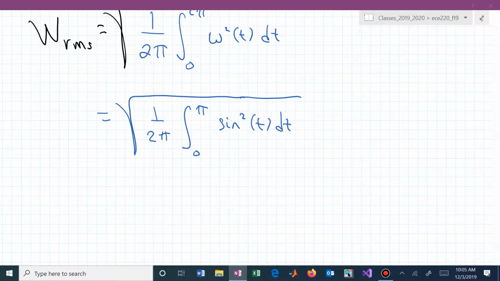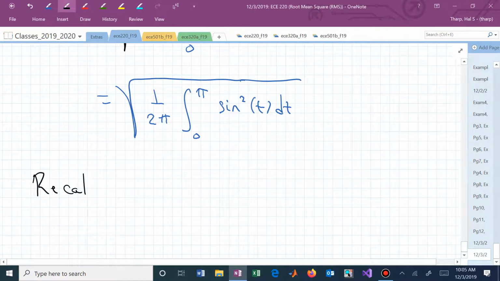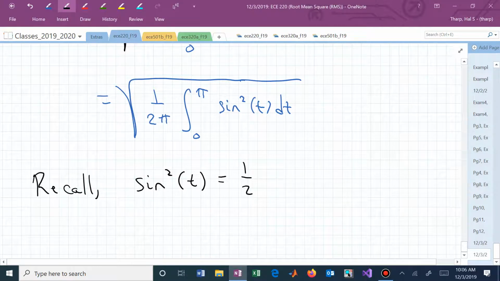And now we can recall another trig relationship. We can say sine squared of t is 1/2 minus 1/2 cosine of 2t.